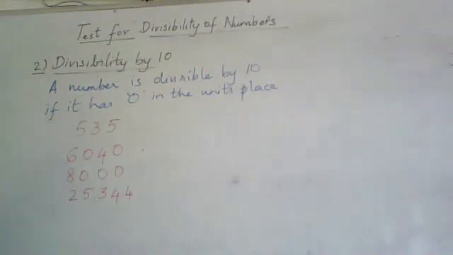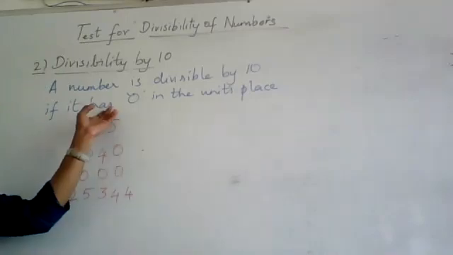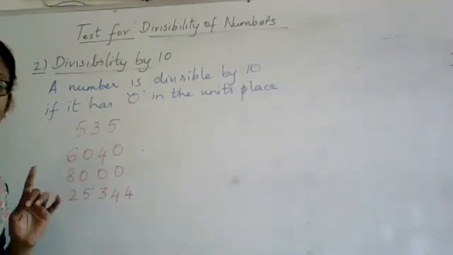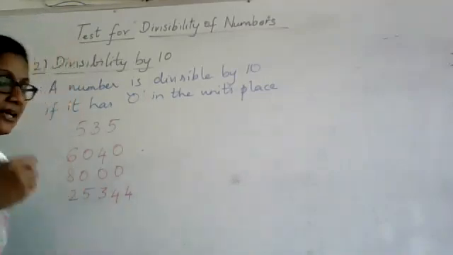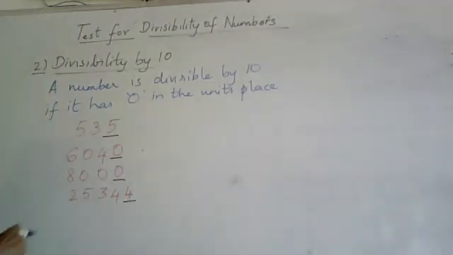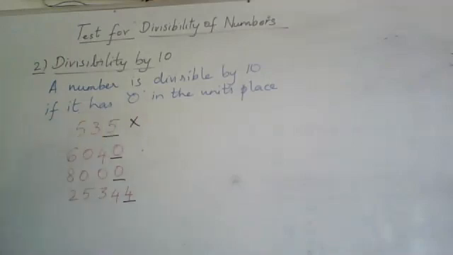Now I have 4 numbers taken here. Now if I want to show whether it is divisible by 10 or not, the test is very clear. If I have 0 in the ones place or the units place, only then that number is divisible by 10. Now let me underline the ones place in all these 4 numbers. This number has got 5 in the ones place, so it is not divisible by 10.